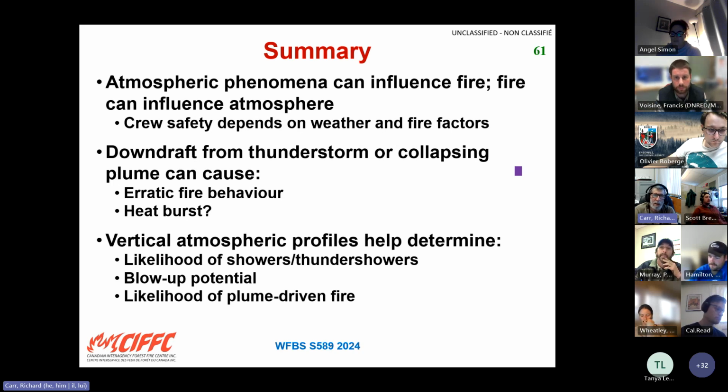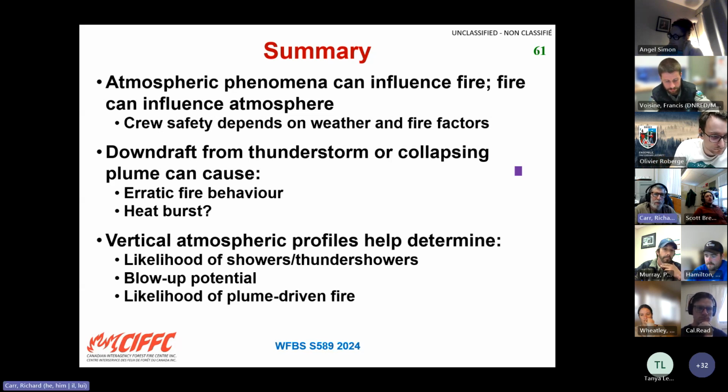When they can influence each other, it makes it even more complex. There are people that have developed fire-atmosphere interaction models, but once again, they're very CPU intensive and take a lot to process all this data. So they tend to be on fairly fine scales for short periods and can still take an awful long time to run.